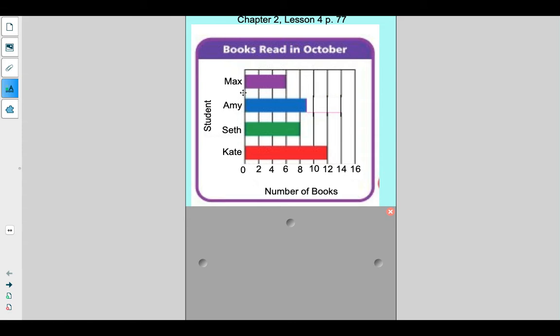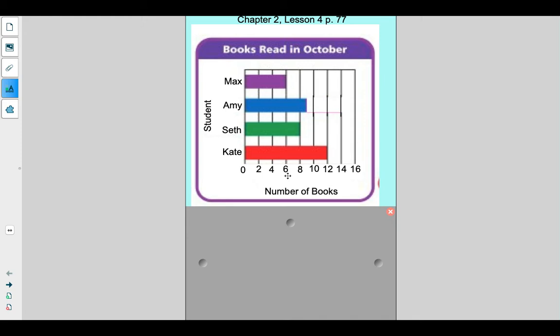So 0 would be right here. And if somebody read 2 books, they'd be filled in right there. But nobody read 0 or 2 books. So maybe you realized that the least amount of books that were read was by Max. And Max only read 6 books, right?